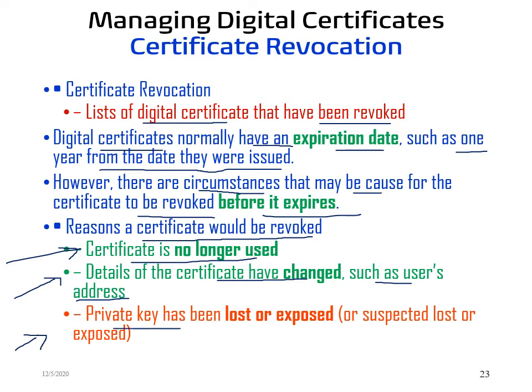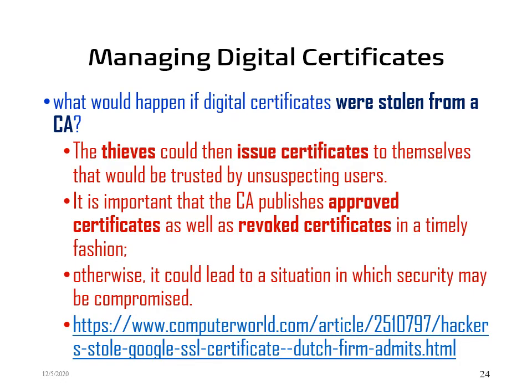The third reason is that the private key has been lost or exposed. Alright, so this may also be a reason why I have to revoke the certificate before the expiration date. Okay, so these are the three very important reasons why I have to revoke the digital certificate before the expiration date. So what would happen if the digital certificates were stolen from the CA?